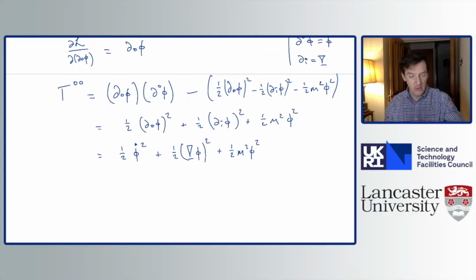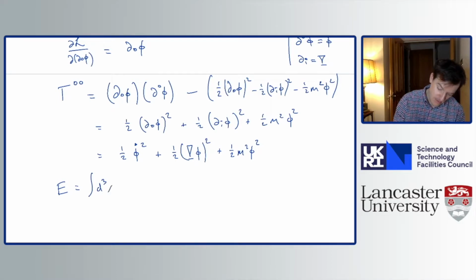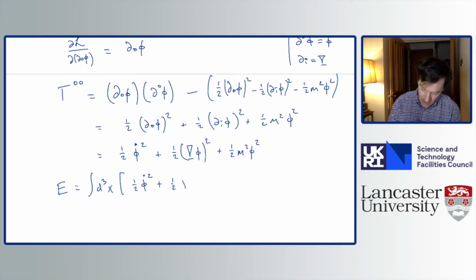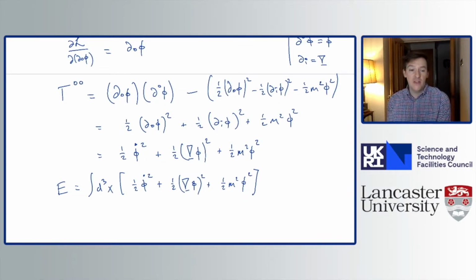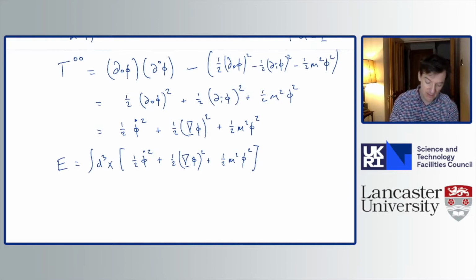Okay, so in other words, my energy then is simply the integral d3x of half the time derivative squared, half the spatial derivative squared, plus a half m squared times phi squared. Okay, so that's how we use this energy momentum tensor in practice. So I believe in the problem sets, you will be asked to work out what the 3 components of the momentum are, in other words, px, py, and pz.